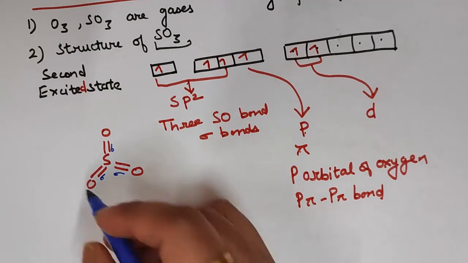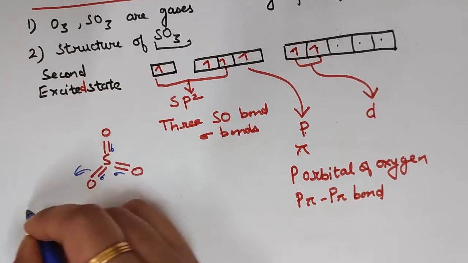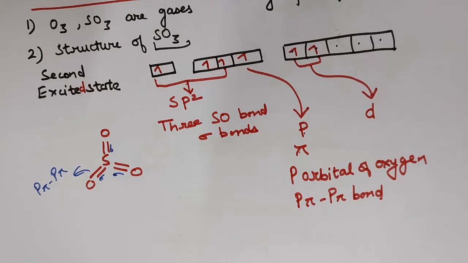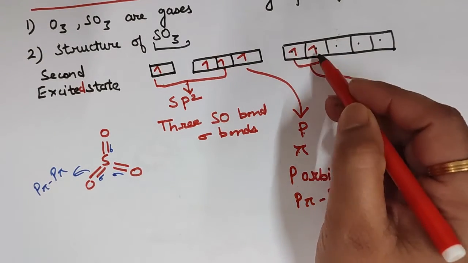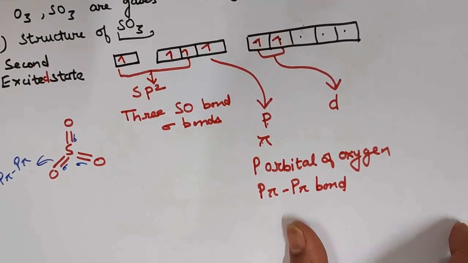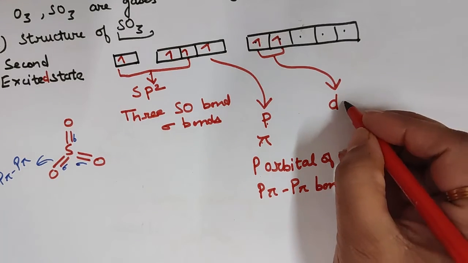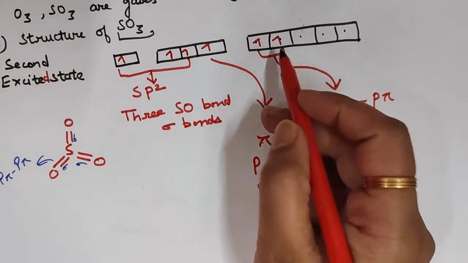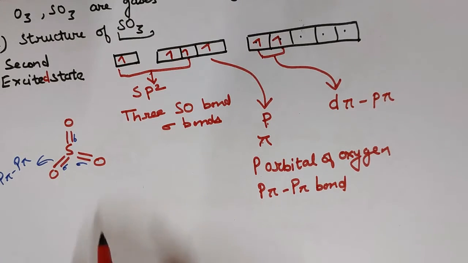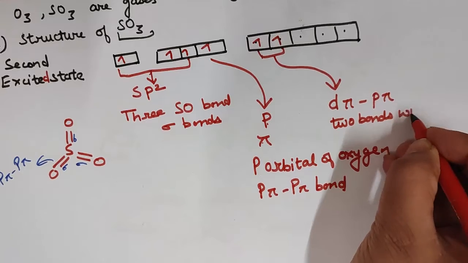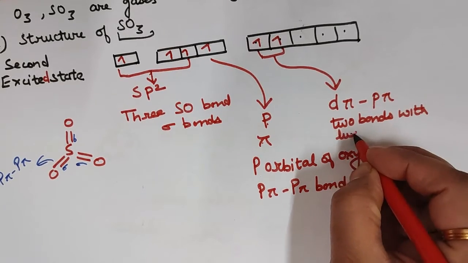Suppose this one is p pi bond. Now these two unhybridized d orbitals will overlap with p orbitals of oxygen. Again we will have d pi p pi bond, and how many bonds will be there? 2 bonds, with 2 oxygen atoms.